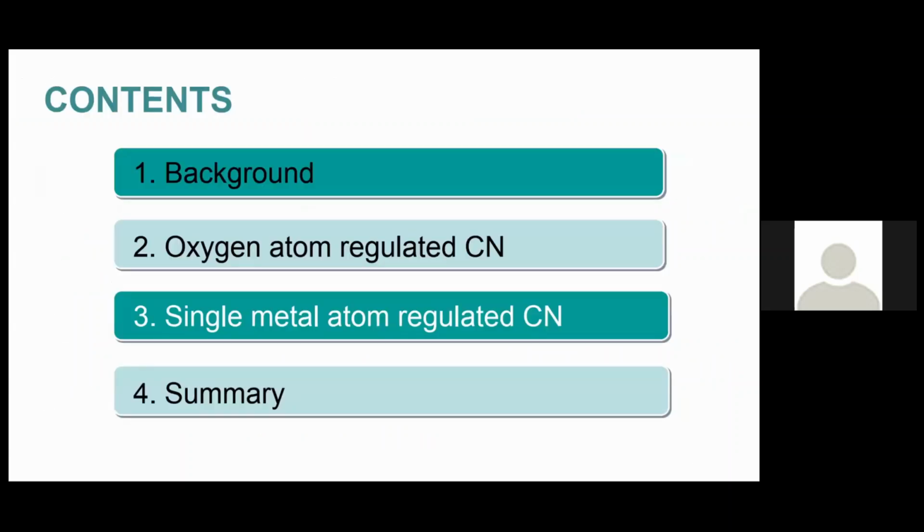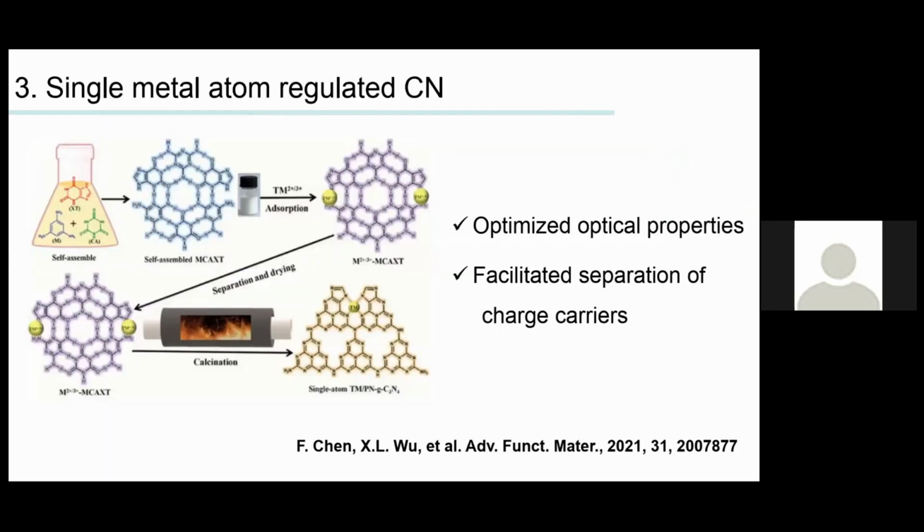In the third part of our research, single metal atom regulated carbon nitrides were synthesized and used for herbicide degradation. Recently, incorporating single metal atoms into polymeric carbon nitride has been proven to be highly effective to improve the photocatalytic activity of polymeric carbon nitrides for herbicide degradation, thanks to the optimized optical property and the facilitated separation of charge carriers.